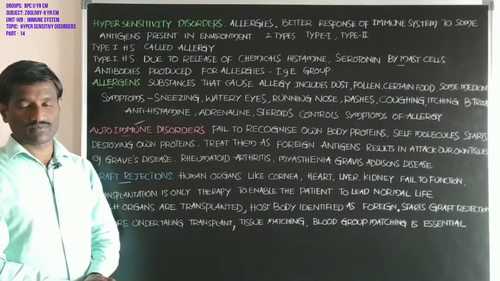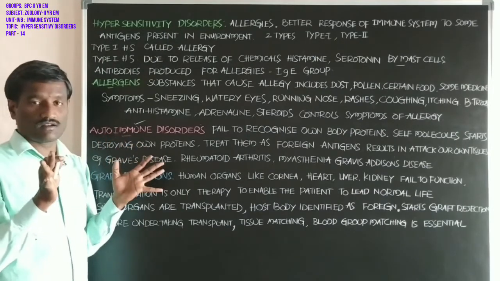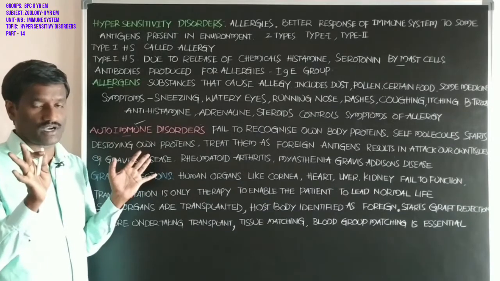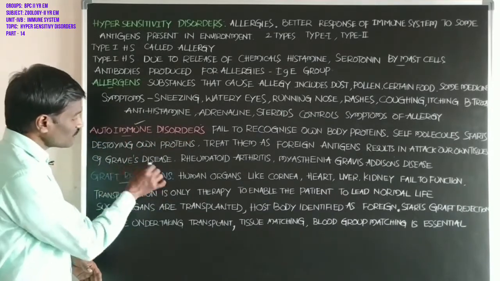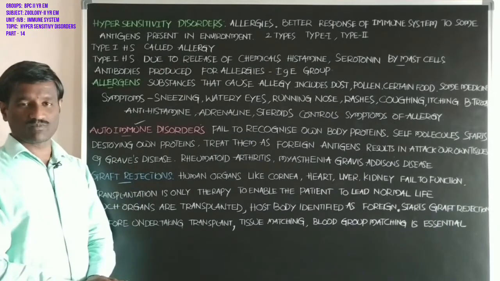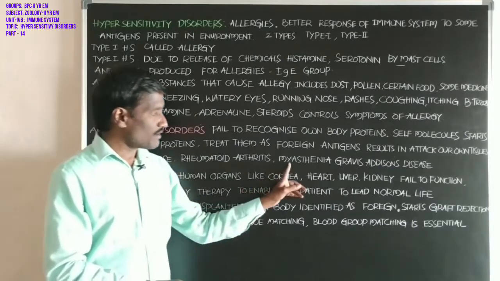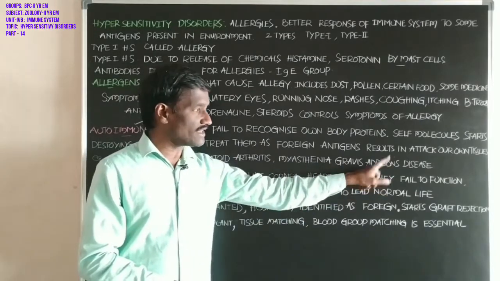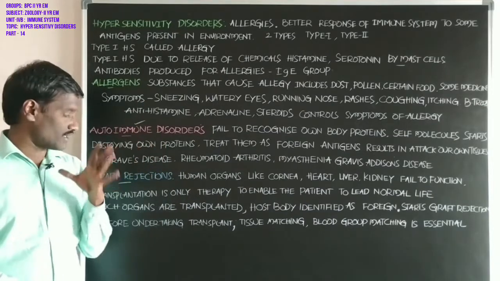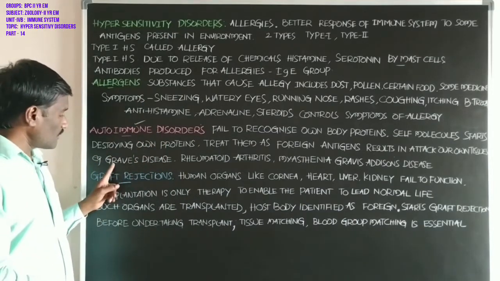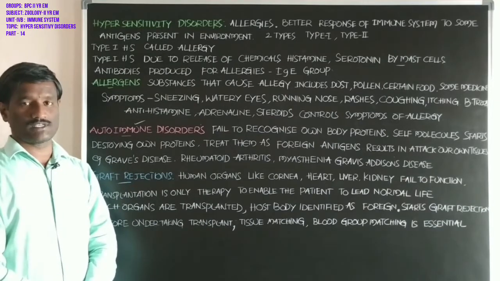Student, which are the autoimmune disorders? This is important. Graves' disease, rheumatoid arthritis, myasthenia gravis, and Addison's disease. These are autoimmune disorders. First, Graves' disease. What about Graves' disease?